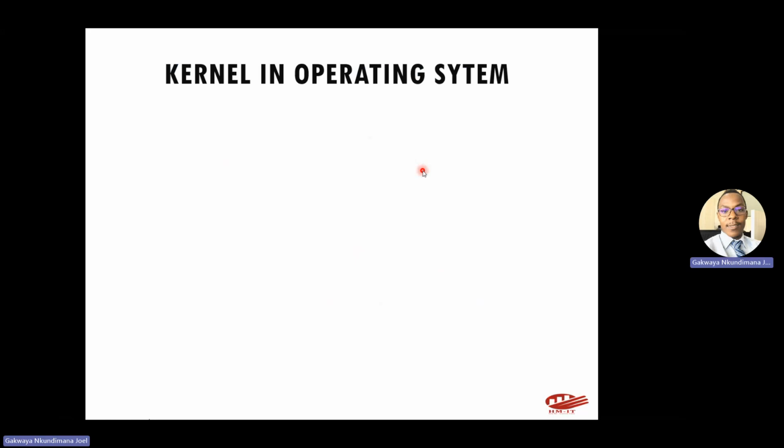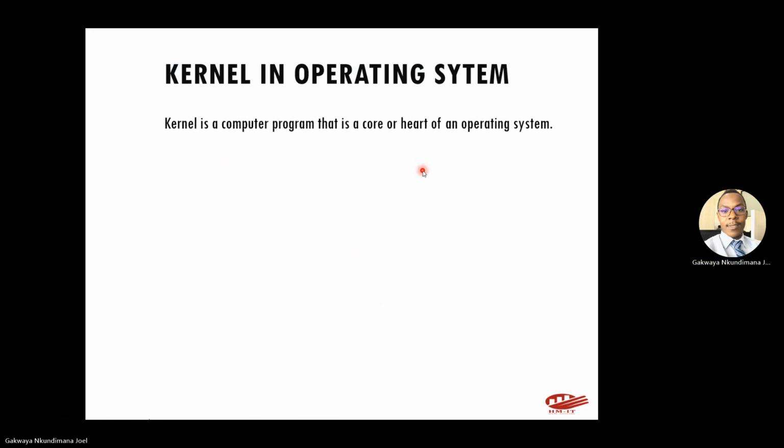This definition I don't want you to forget, because from the time I learned it, in 2009 or 10, when I was taking this operating system course, I still remember this definition. It's mentioned: the kernel is a computer program that is the core, or the heart, of the operating system.